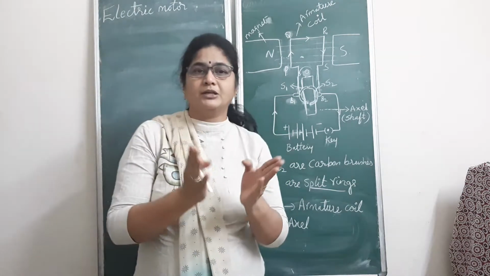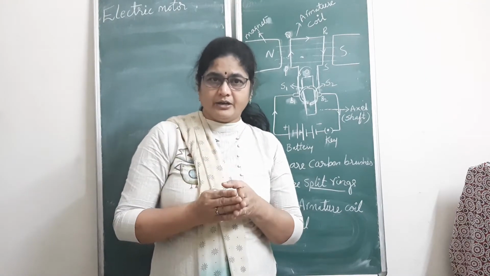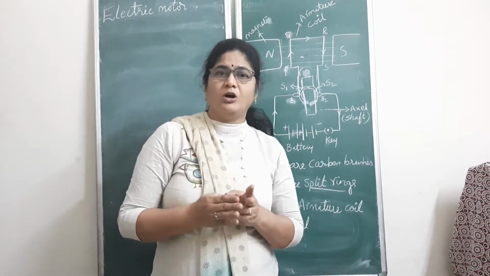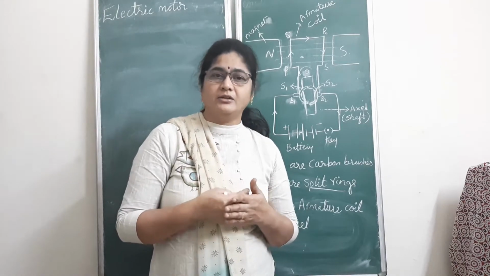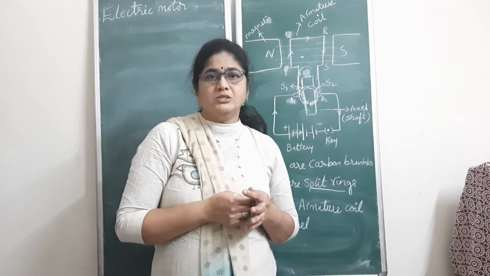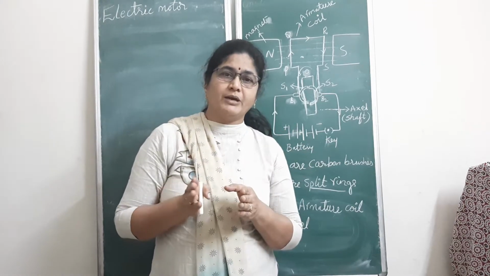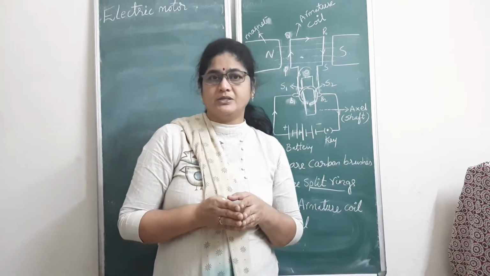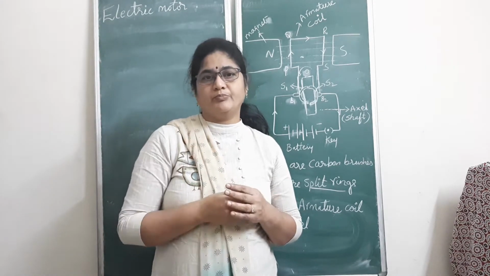Like how you kept the conductor in the magnetic field. Is the conductor carrying current parallel to the magnetic field or perpendicular to the magnetic field, or it is aligned at any other direction? So whenever the conductor is placed in the direction of external magnetic field, it doesn't experience any force because theta is 0 where sine 0 is 0.